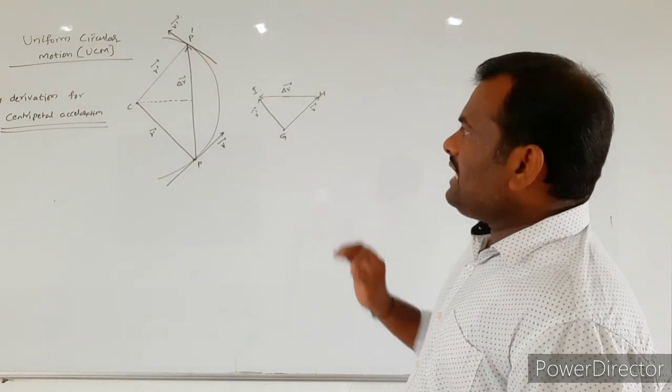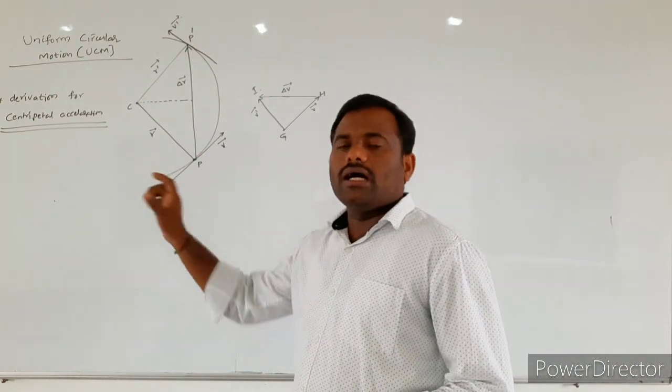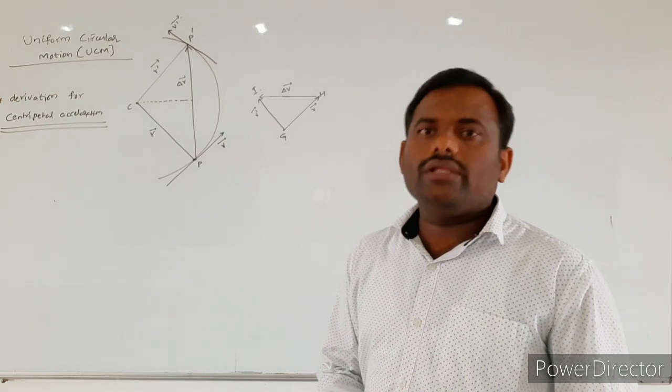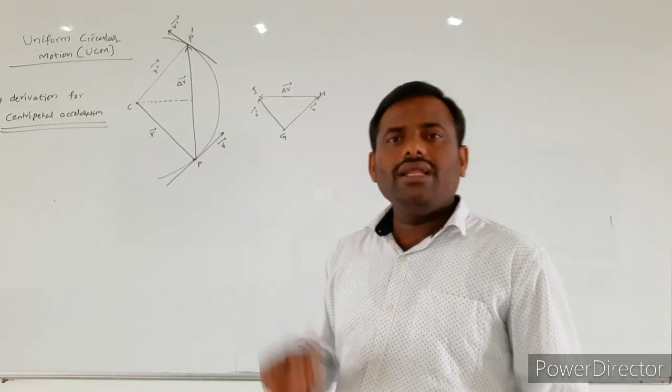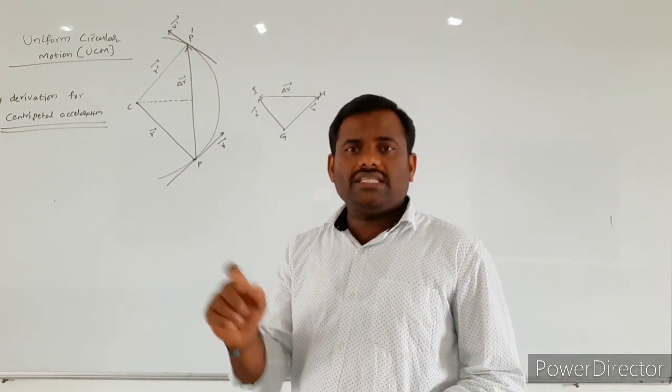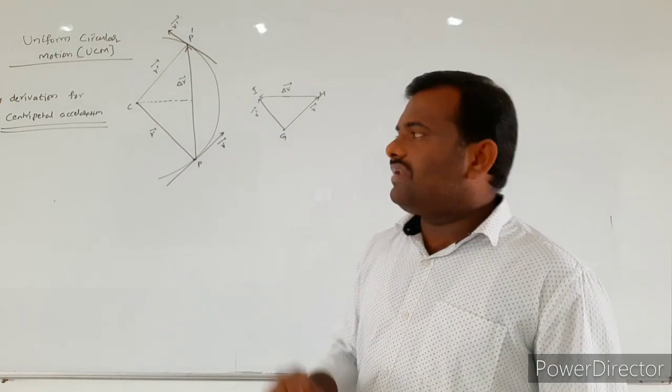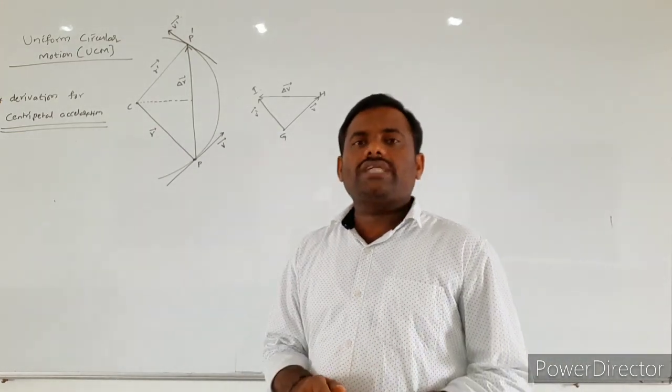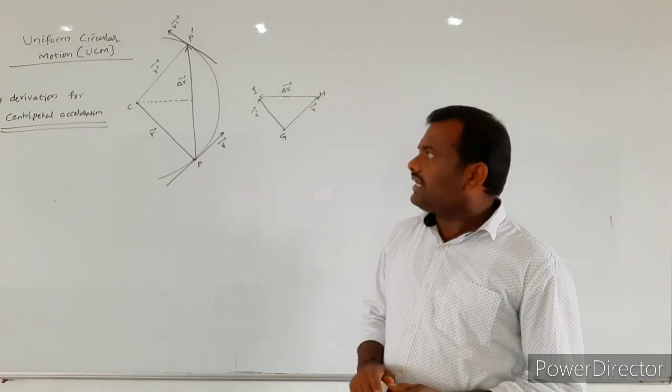That means if a particle is in uniform circular motion, the speed of the revolving object will remain constant. Such a type of motion we say is what?